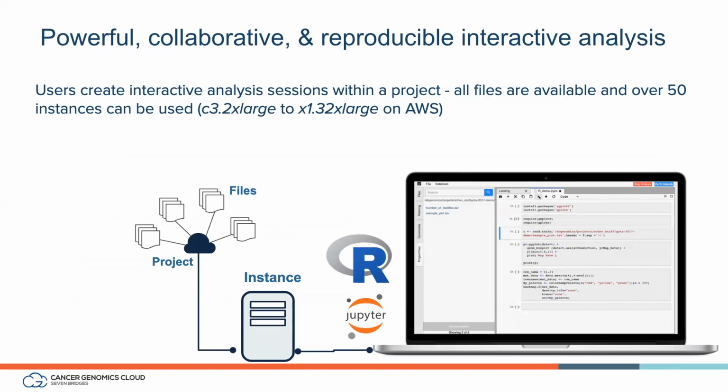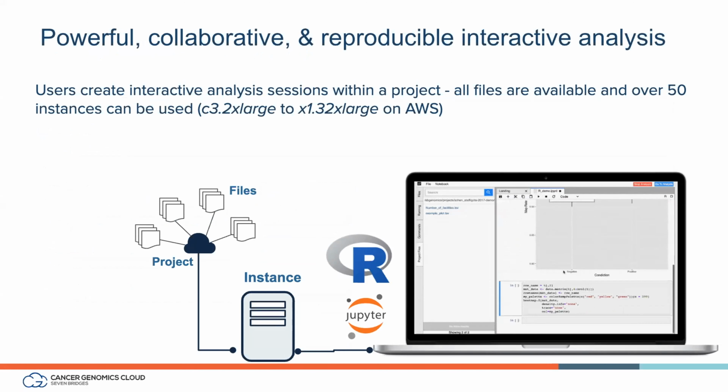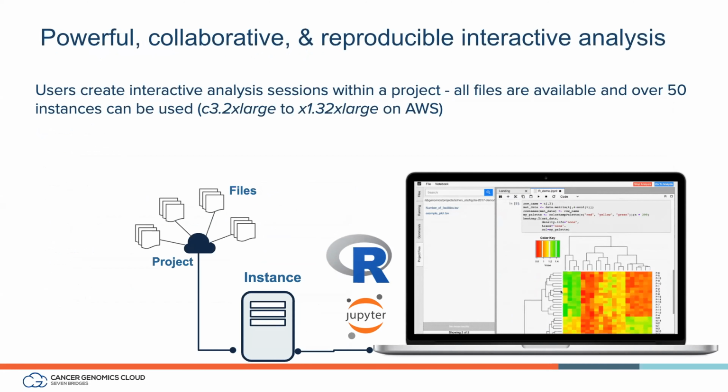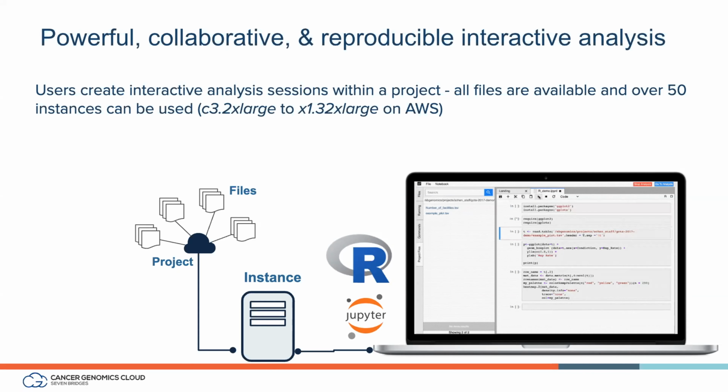Once you've run a workflow, you can continue on to do more interactive analyses with the integrations we have with RStudio and with Jupyter notebooks. So you can basically spin up an instance of R or Jupyter in the cloud. So all of the files from your project, all of the outputs and everything, all stay in the cloud in one place.